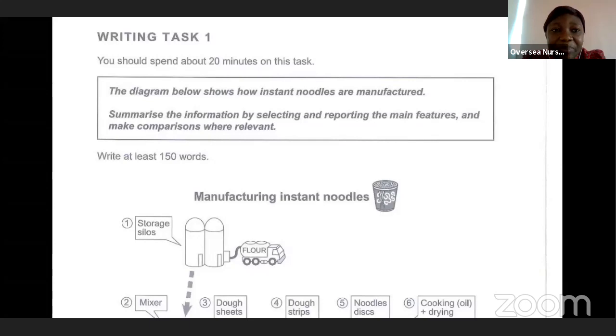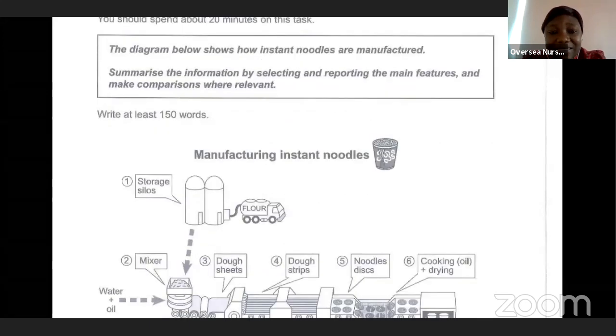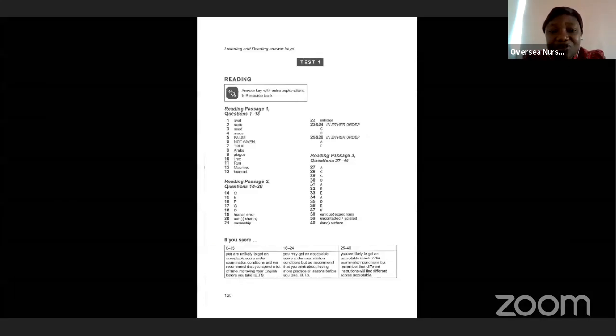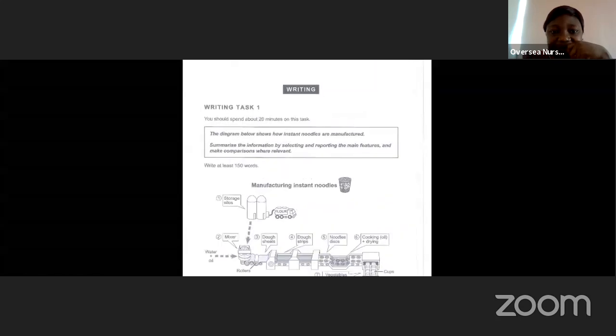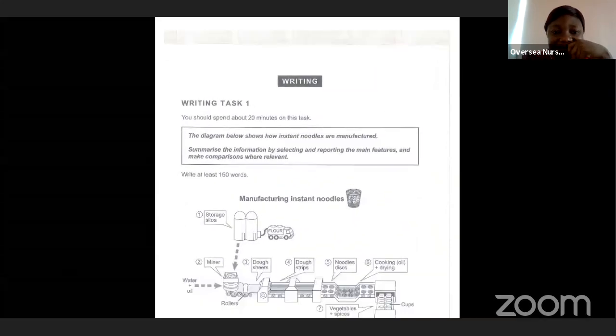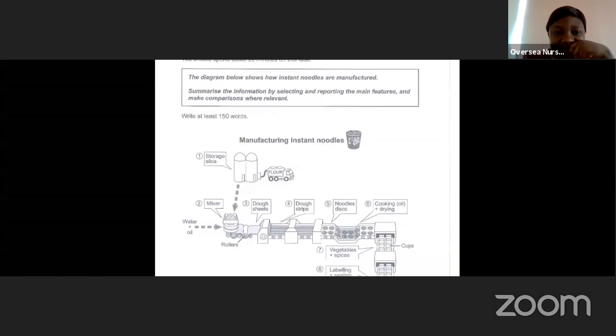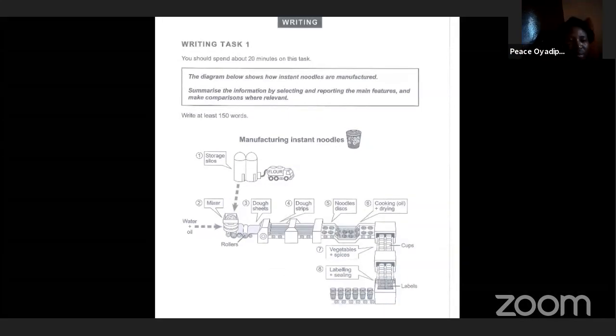Can we just have the page, the whole page where we can see all of the questions? Good, it's okay. Is it enough? It's okay, thank you.